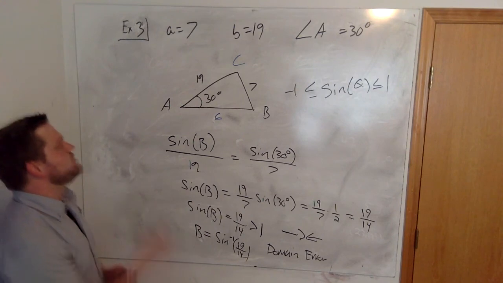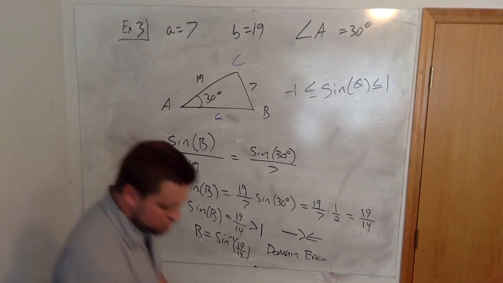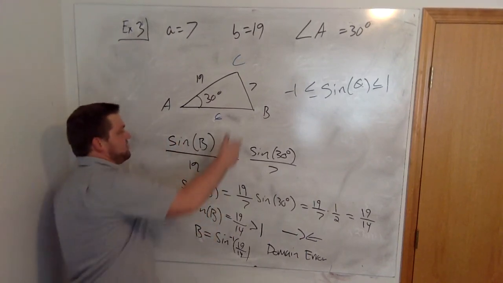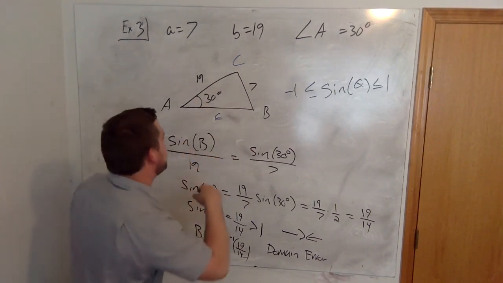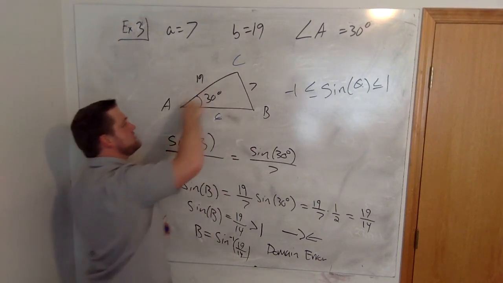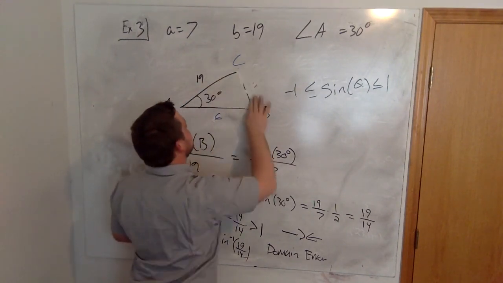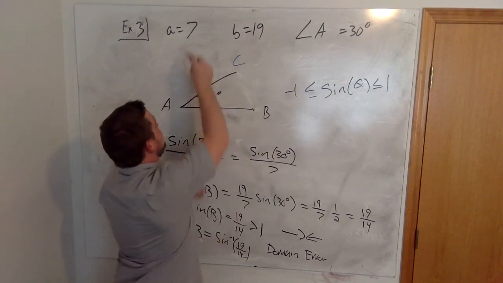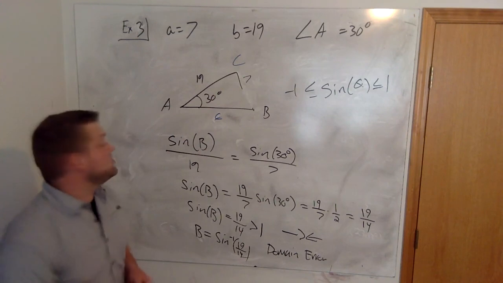We have a problem. This is an impossible triangle. No triangle can meet this condition. The reason is I didn't draw this correctly. I forced these to connect. But since this is 30 degrees and this length is 19, this piece here, 7, is too short to connect.